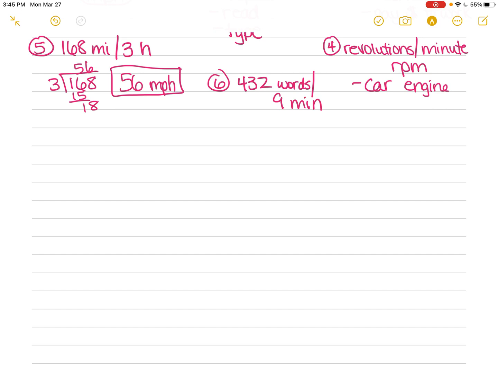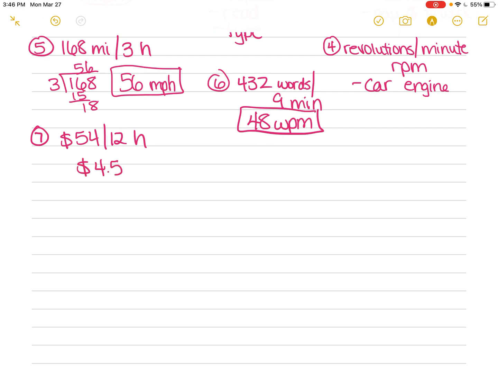Okay, so remember, when you're doing these types, it's just a division. So you can take your calculator, since we are using calculators now, and do 432 divided by 9, and you get 48 words per minute. Okay, and then number 7 was $54 for 12 hours. So you do 54 divided by 12, and that means that person is making $4.50 per hour.